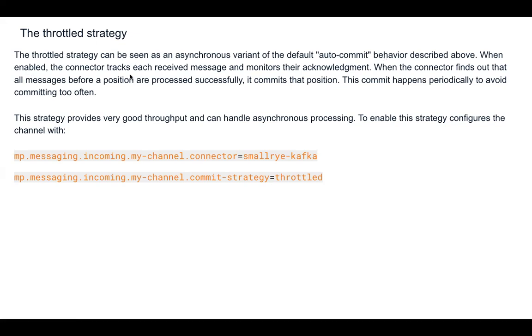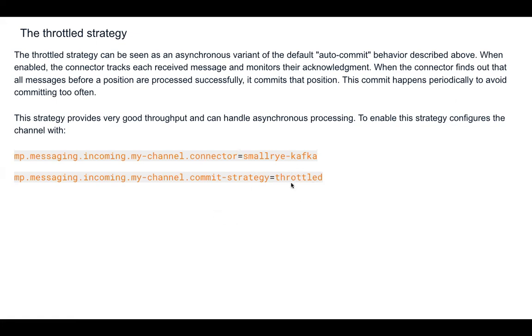When enabled, the connector tracks each received message and monitors their acknowledgement. When the connector finds out that all messages before a position are processed successfully, it commits that position. So it's like a batch. It happens periodically to avoid committing too often, so that we have improved performance.